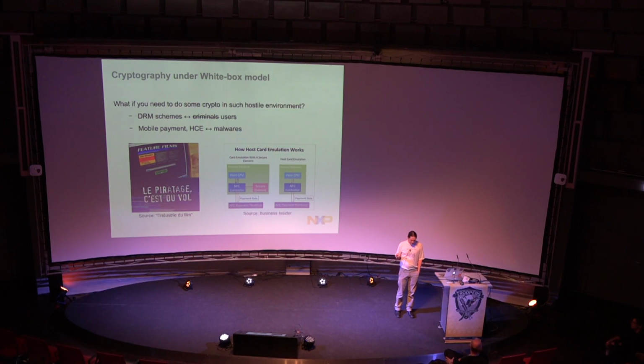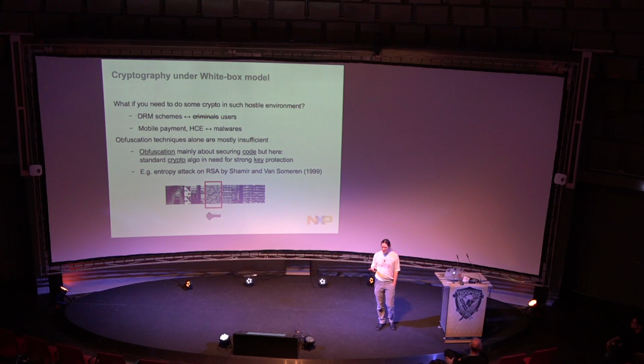So when you do crypto and you want to protect it, well, actually, code obfuscation and all this kind of trick doesn't really apply very well. Because code obfuscation is about hiding the algorithm that you want to do. You don't want the attacker to know what you're doing. But in crypto, well, this is a standard block cipher. So as a reverser, I know what the code is supposed to do.